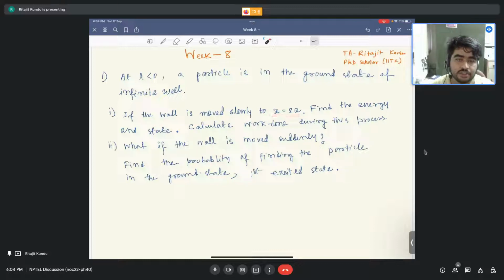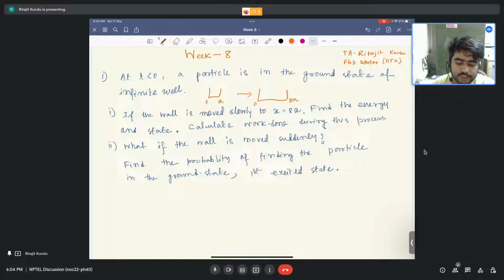Initially the wall was from 0 to A. Now after shifting the wall, it becomes 0 to 8A. So the question is what is the energy of the particle after doing this operation, and what is the work done during this process.